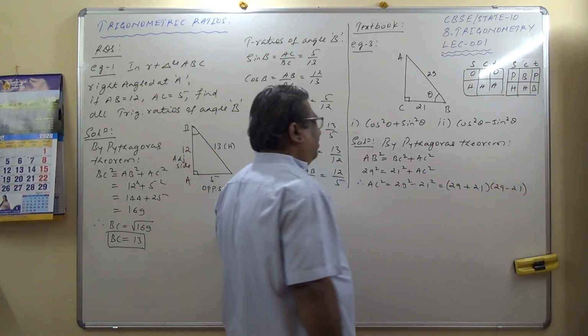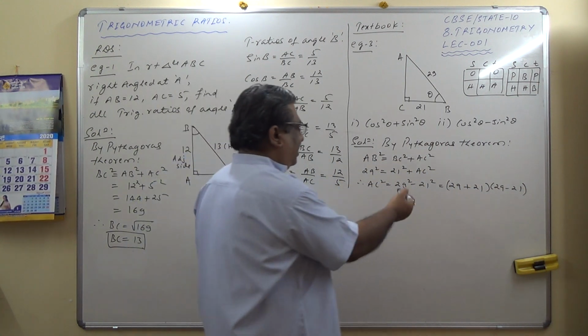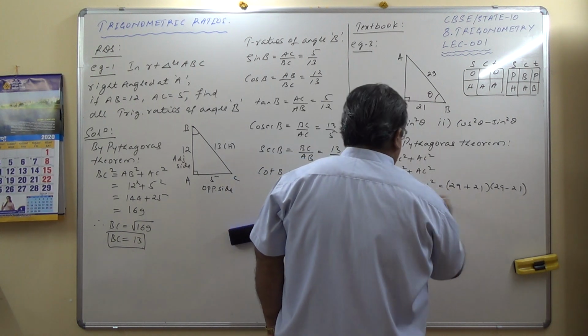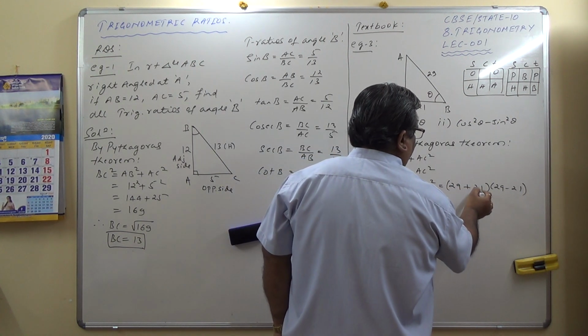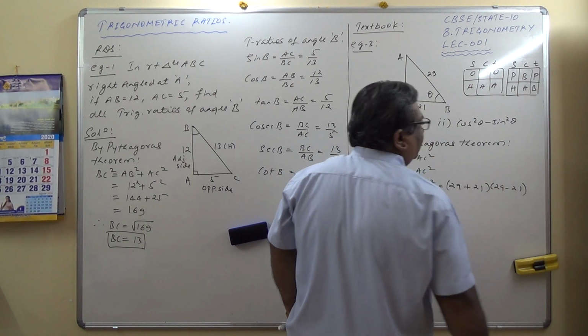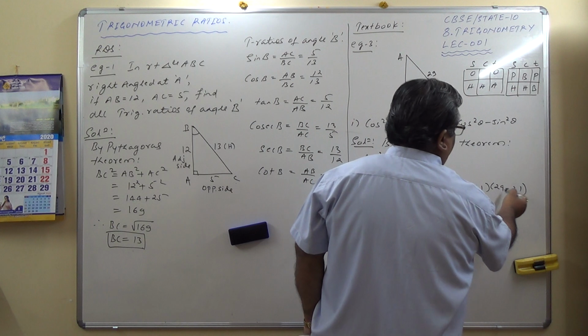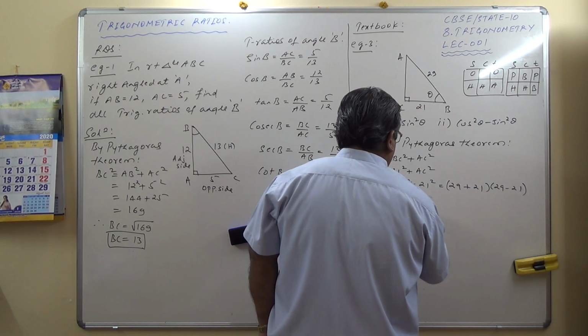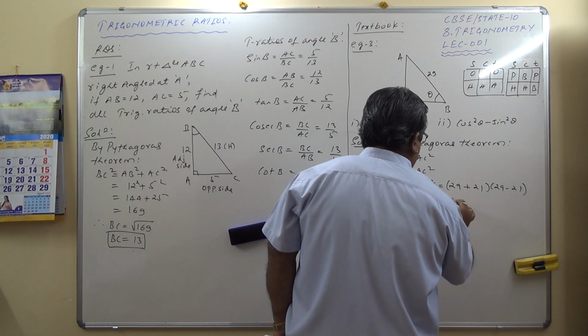I can use this formula, a plus b into a minus b. So AC square equals 50 into 8, which equals 400.